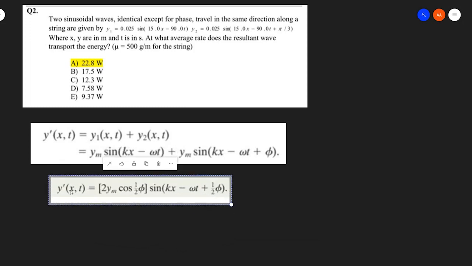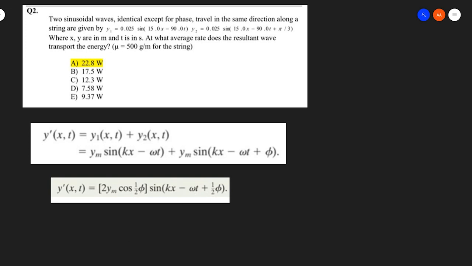The resultant wave is 2ym cosine phi over 2, and here sine kx minus omega t plus phi over 2. So you see, it is still a propagating wave. It's not a standing wave. So we cannot talk about a node. That's why previously I said it's not a node. It is a maximum. Okay, great.